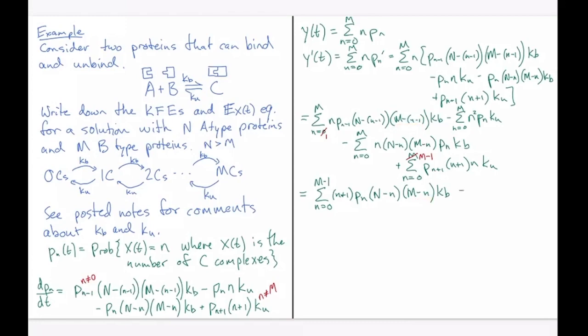Okay, so then we can fill in the others. Sum from n equals 0 to m of n squared pn kb, and minus the sum from n equals 0 to m of, now here, yeah, we're okay here because the subscript is pn, so there's no shifting to do.